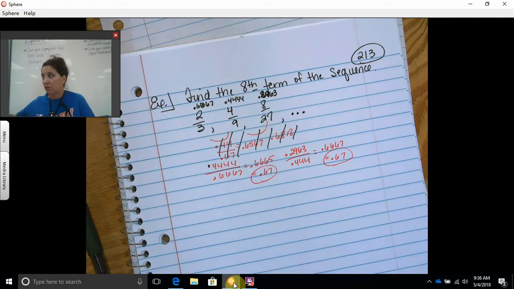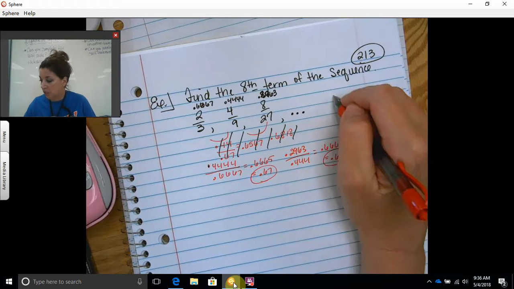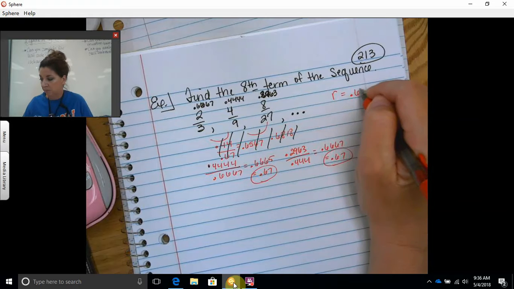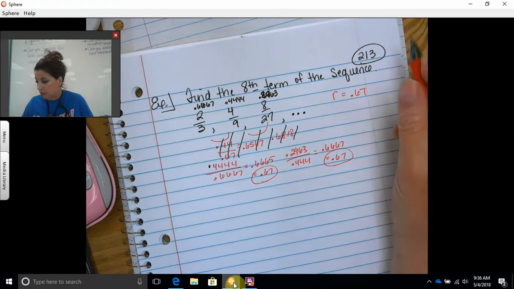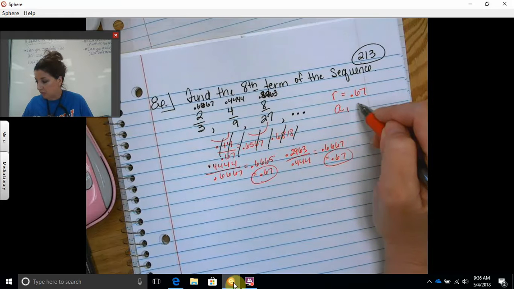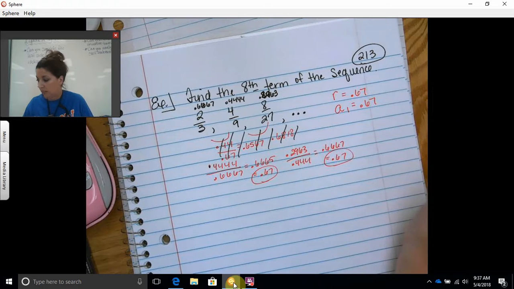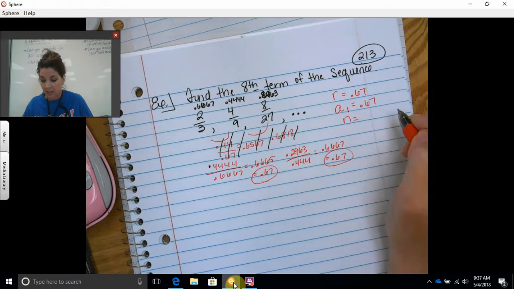Okay, the further down that you round, the more precise that it's going to be. So we're going to say our common ratio is 0.67. We're going to say our first term in the sequence is 0.67. And we're looking for the 8th term of the sequence.